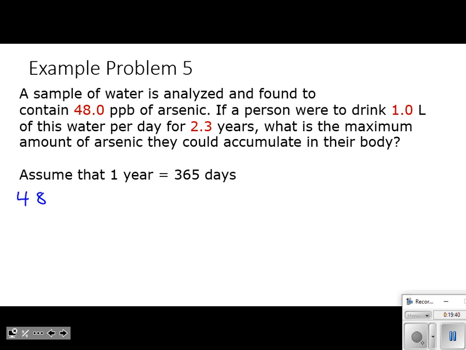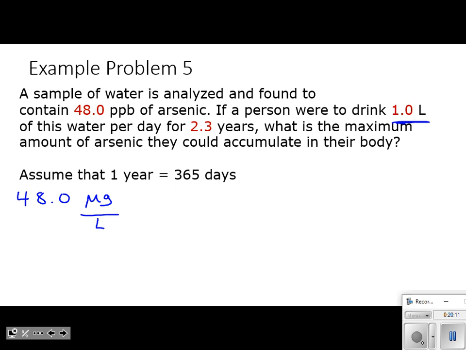So I start out with 48.0 parts per billion. Now, when I'm dealing with ppb, I look at my data table, and it tells me that parts per billion are going to be labeled in micrograms per liter. Well, I look back up here and I say, okay, I want it in liters.